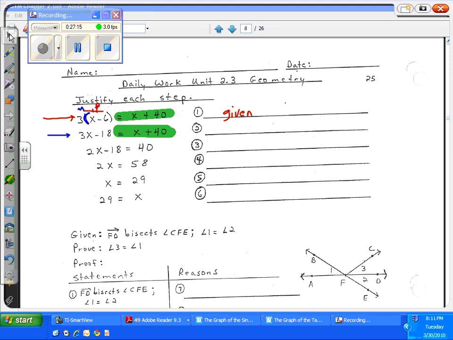Well, that operation multiplication is crammed on that parenthesis. If it's crammed on a parenthesis, we check for distributive. We would distribute and go 3 times x is 3x, 3 times negative 6 is negative 18. So this statement was a result of using the distributive property of equality.